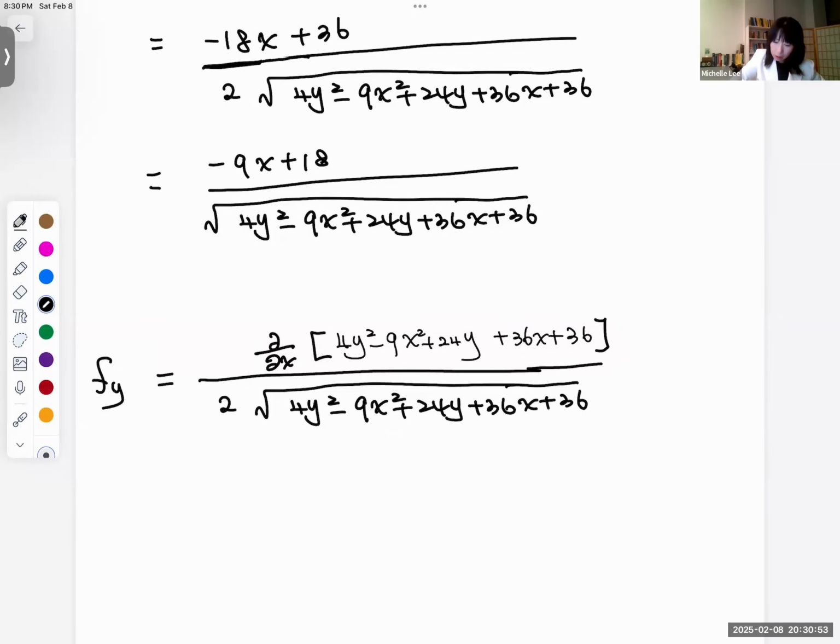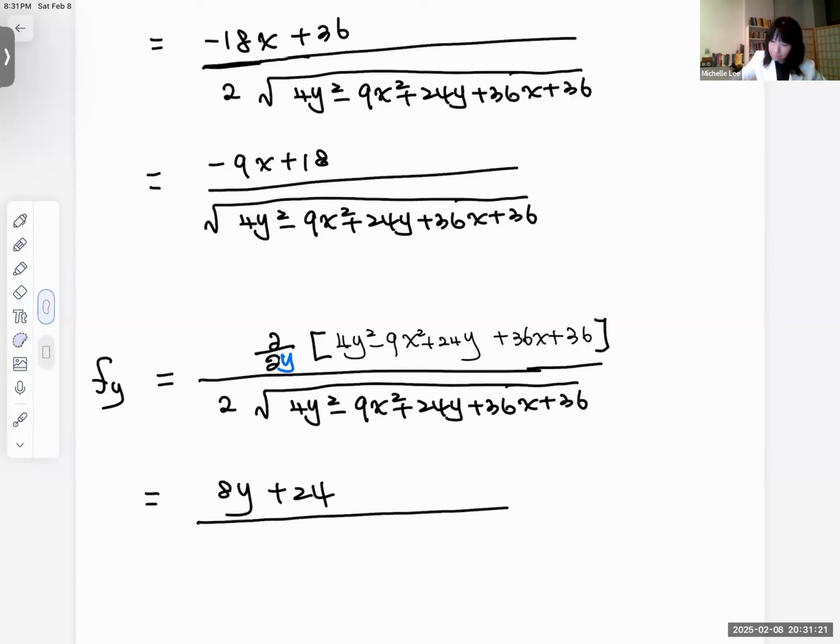Okay, now we want the derivative with respect to y this time. So that will be the first term 8y, second term is 0, third term is plus 24, and the rest is 0, right? Over the same, right? So copy and paste.